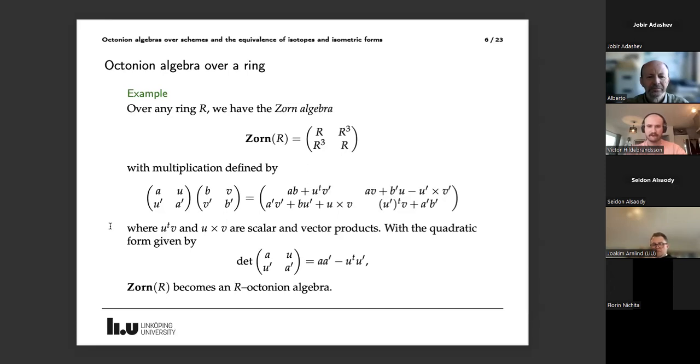And if we use the determinant as the quadratic form, then the Zorn algebra will become an Octonion algebra over our ring R. And this works for any ring R.